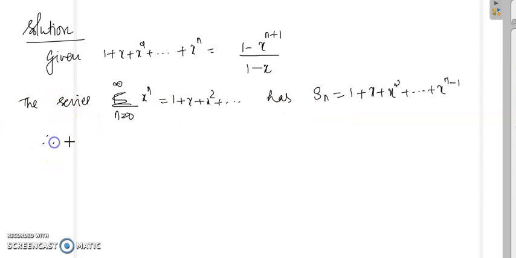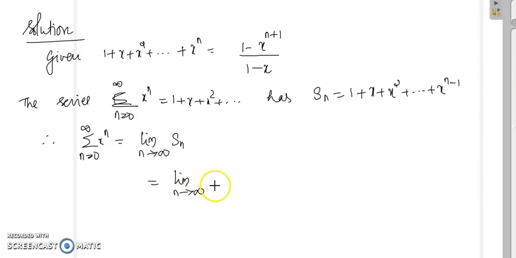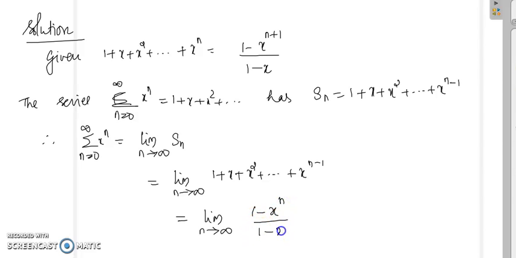So therefore summation n equal to 0 to infinity x raised to n will be equal to limit n tends to infinity Sn. So that will be limit n tends to infinity 1 plus x plus x square plus etc. x raised to n minus 1. So that will be limit n tends to infinity 1 minus x raised to n by 1 minus x.